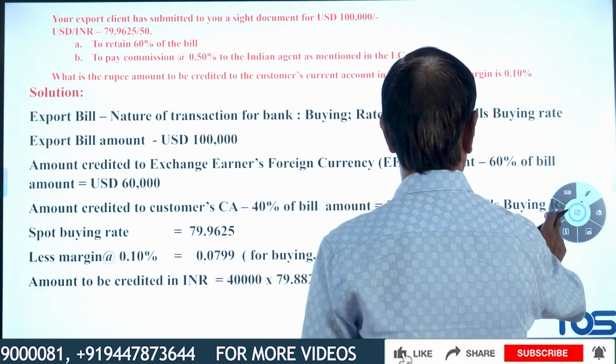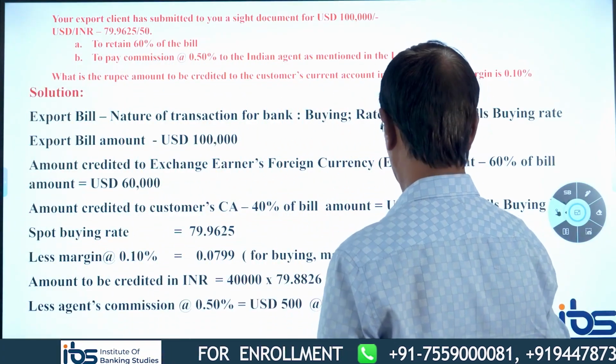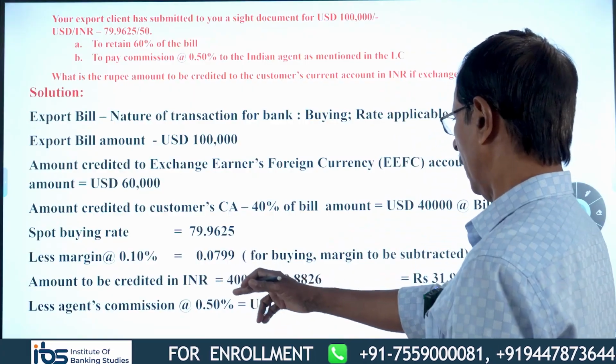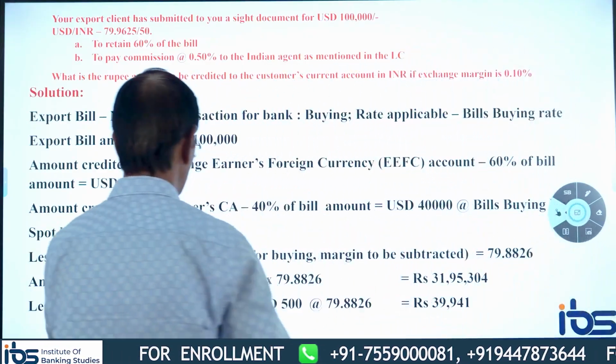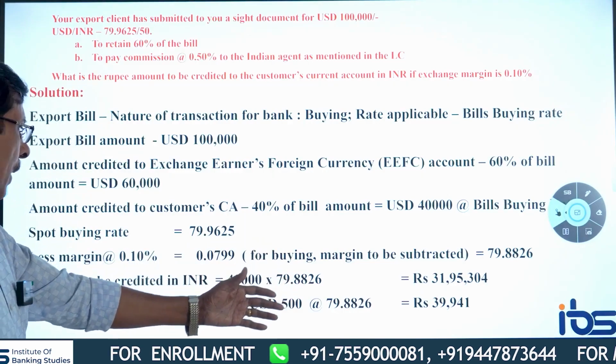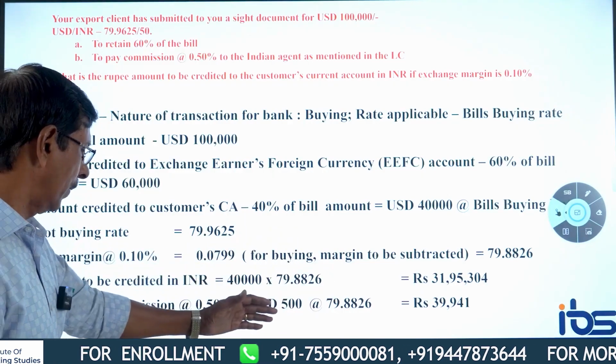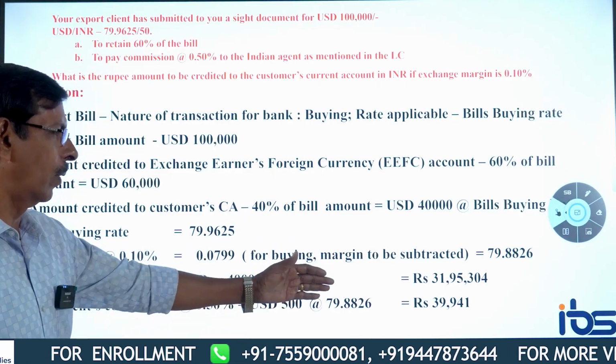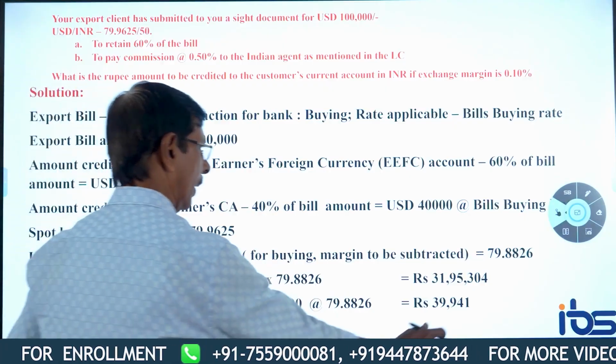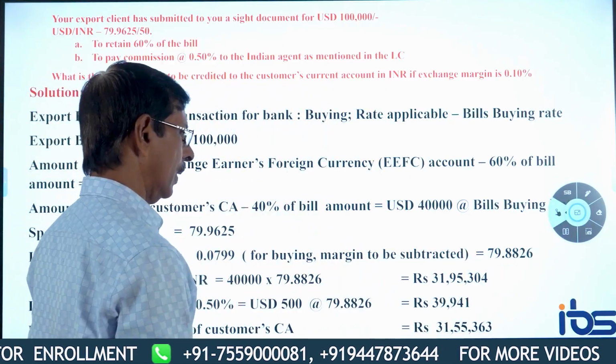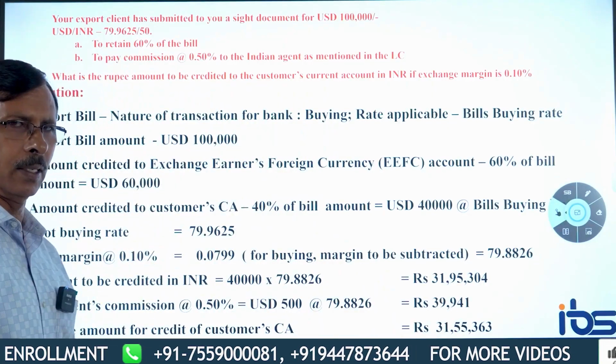We'll move on to the next question. And here I have done it for 40,000, and from 40,000 I have deducted the rupee equivalent of $500 to the broker, and the final amount is 31,55,363.